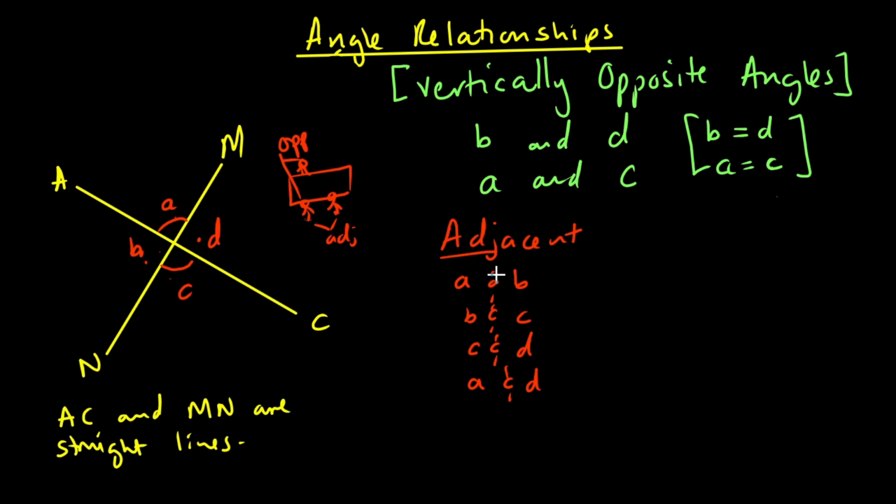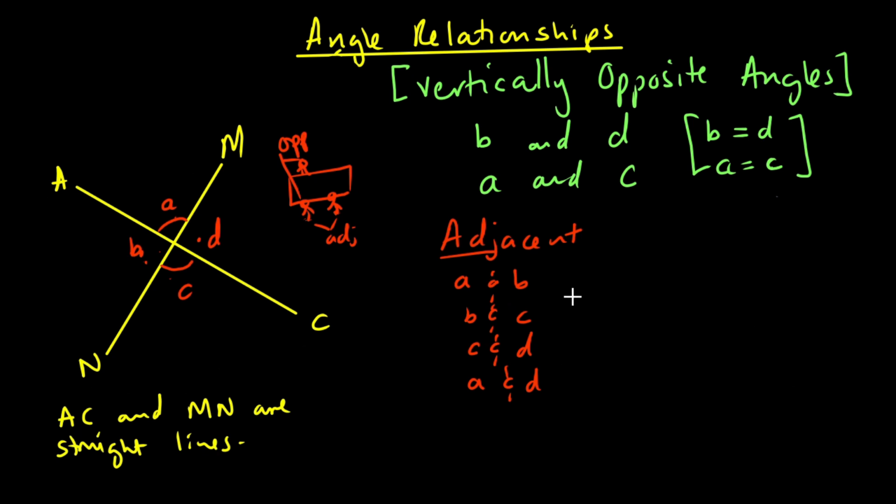You hear in adjacent, there's a sound that can help you remember: adjacent angles on a straight line are supplementary. So it can help you understand that for adjacent angles on a straight line, they are not equal, but they are supplementary.